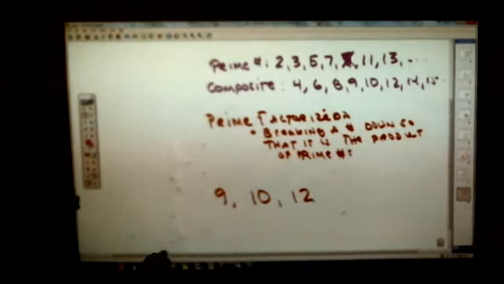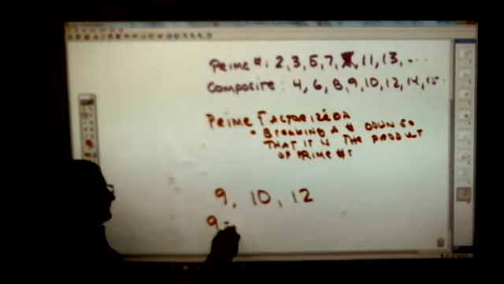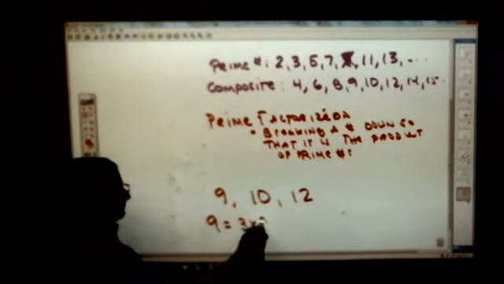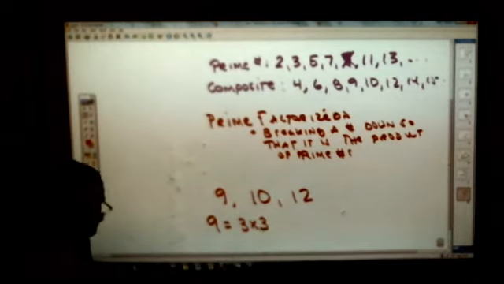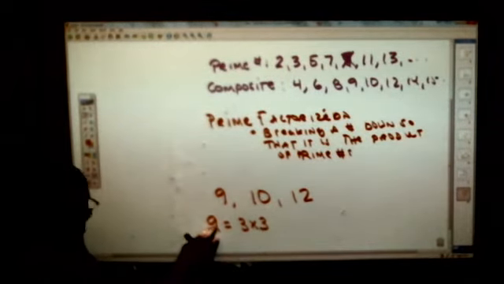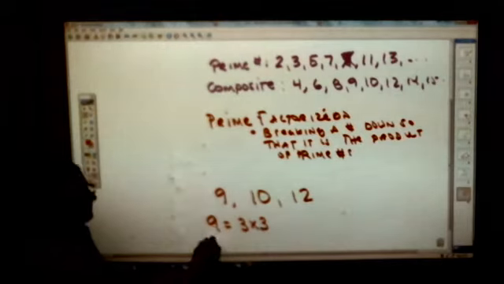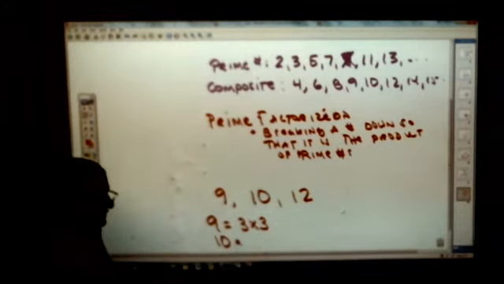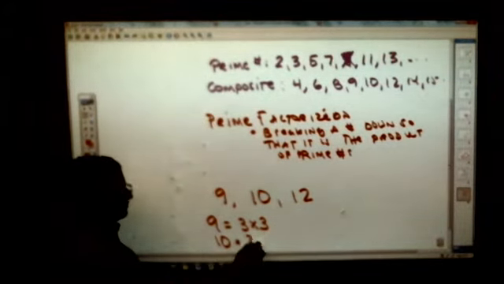Which meant we did the number 9. 9 equals 3 times 3. Those are both prime numbers, and when you multiply them together, you get 9. We did 10, and that's pretty easy because 10 only has two factors, 2 times 5.